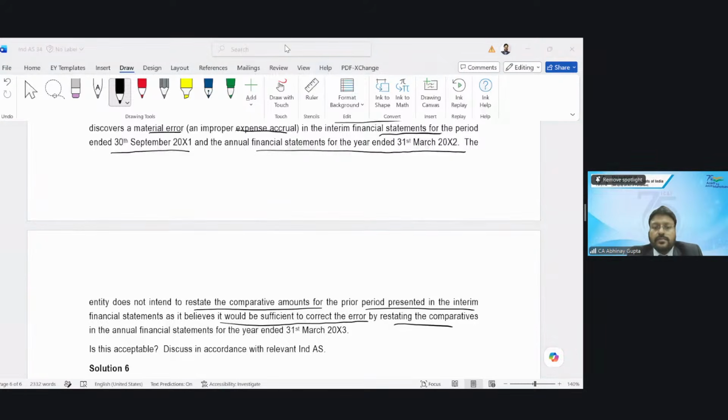Okay, tell me your answer. Management contention is correct? No, right? Which all relevant standards will come into play? If this is your question in the examination hall, which all standards would you be thinking of to answer this question?